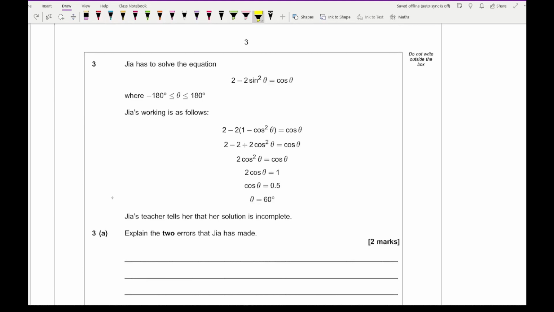So her 2 errors, if you've not been able to spot them, well, the first one is at this stage going into this stage. And the reason for that is because at this stage, what she has done is she has divided both sides by cos theta. Now, typically, that would be fine. However, when theta is between minus 180 and 180, cos theta can equal 0.